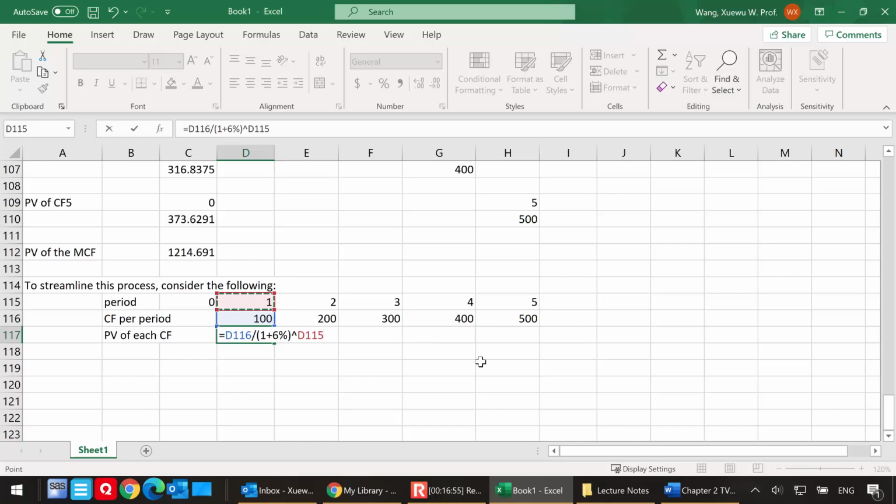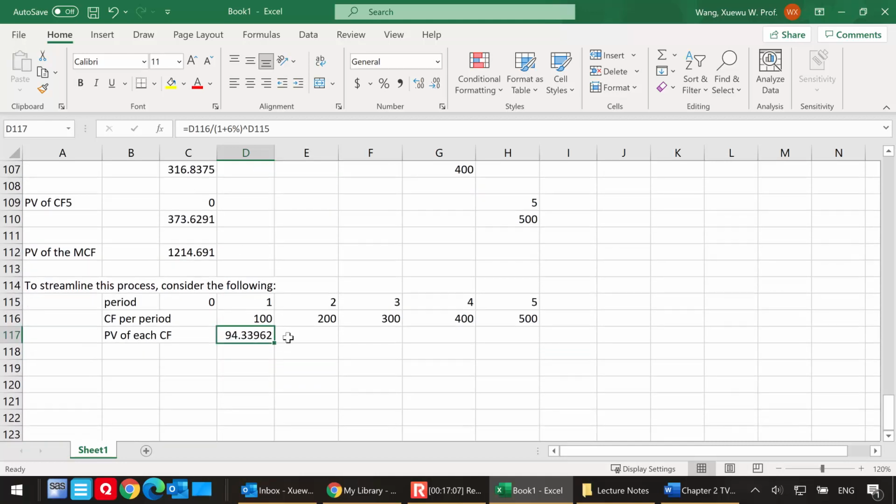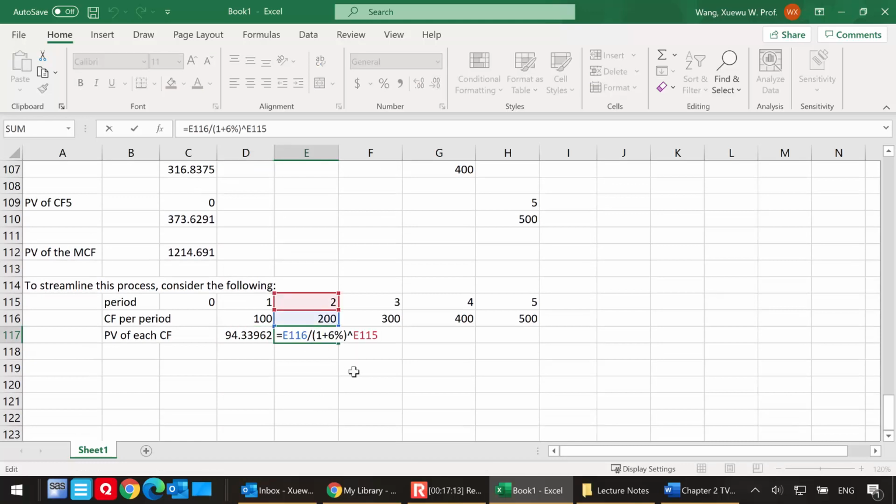This formula is very strong in the sense that you can copy across. Let me execute this formula here. Yes, you get 94.34. That's the same number you saw earlier, and I can just copy this to one cell, and let's look at what Excel did. The way we're using the cell reference in this case is referred to as a relative cell reference.